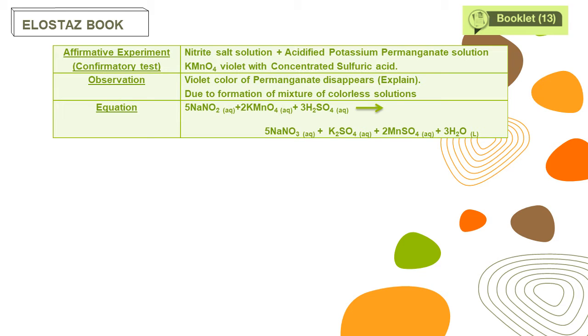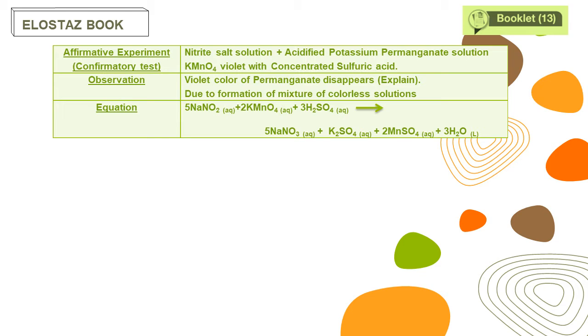We have our equation: NaNO2 aqueous plus KMnO4 plus H2SO4 aqueous, all liquids, giving sodium nitrate NaNO3 aqueous plus potassium sulfate K2SO4 and manganese sulfate MnSO4 plus H2O liquid, after balancing the equation.